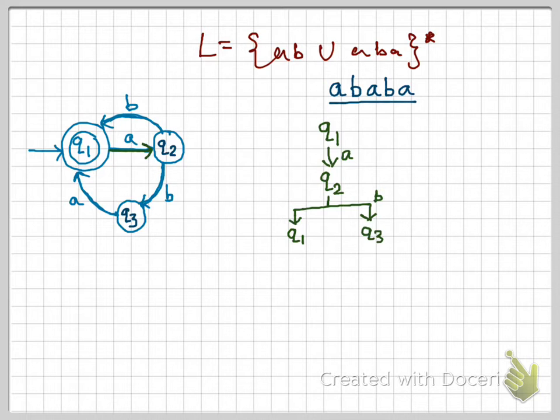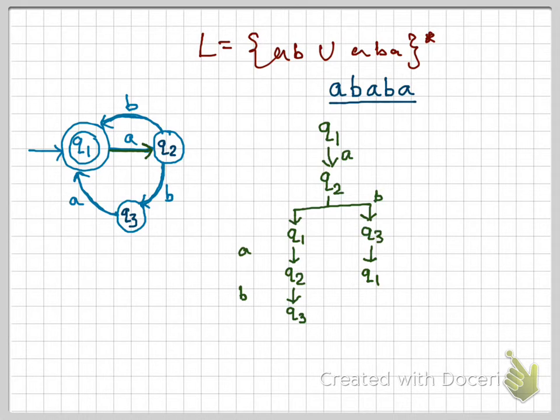Next we have an A. I am going to read this A from Q1 as well as from Q3. If on Q1 I read an A, I come to Q2. If I read an A on Q3, I come to Q1. After A, I am going to read a B. So Q2 on B comes to Q3. Now if you look at Q1 on B, the transition is not defined.